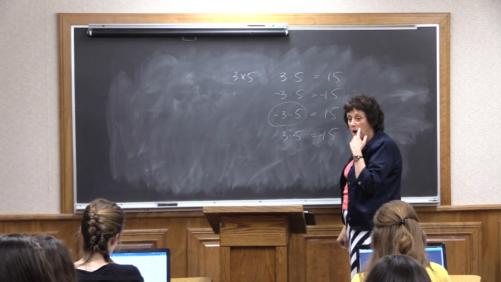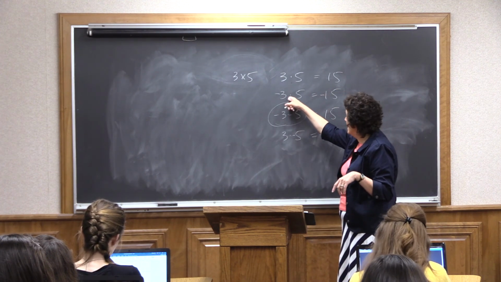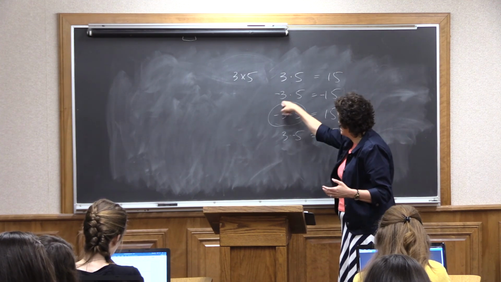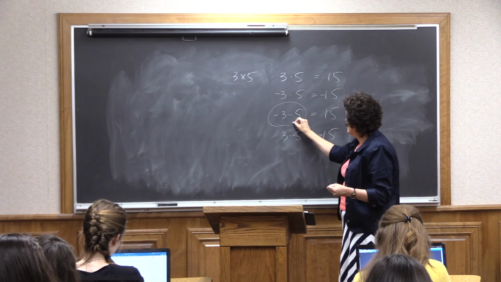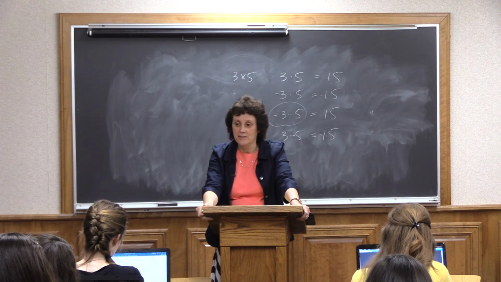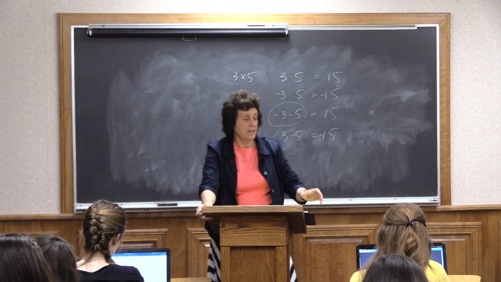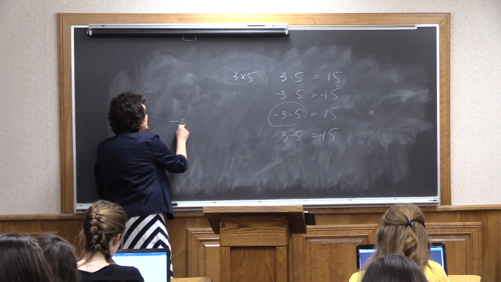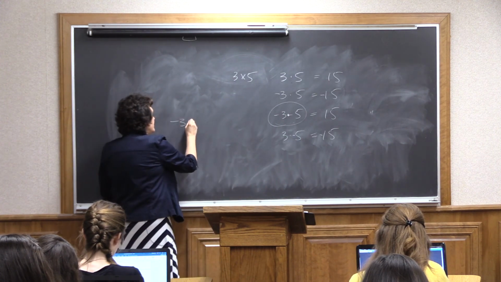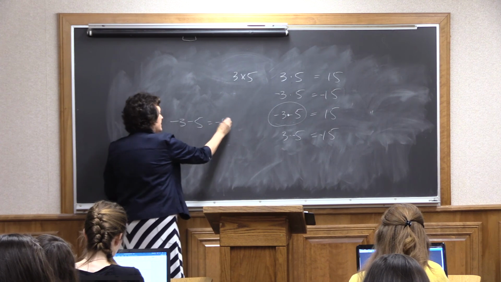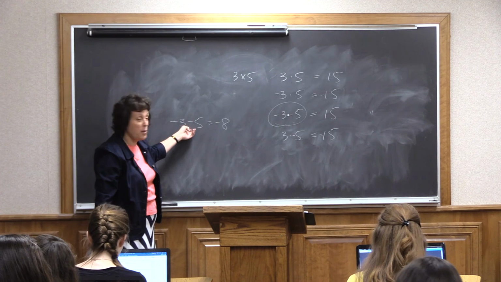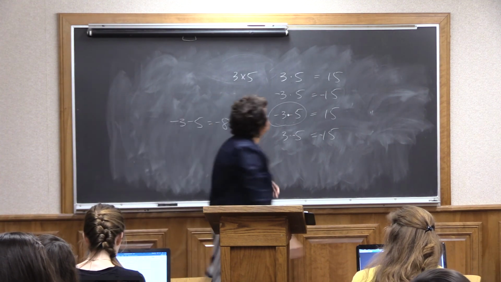Here's where we get some problem. This is kind of an obvious one. A negative times a positive, it stays negative, and doesn't matter which factor is negative. Two negatives cancel in multiplication. They do not cancel. Let me put my dot here. They do not cancel in addition.